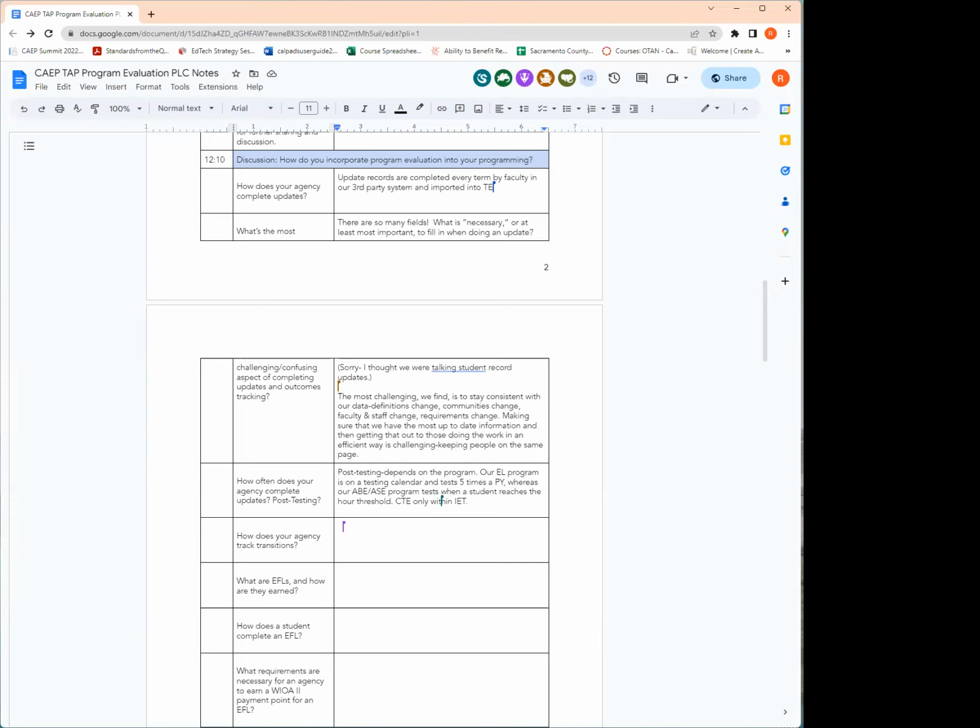Yeah, so our admin decided that it was going to be faculty. They were not a tiny school, and our faculty know their students better than anybody in the office does. They are compensated for doing it. So there's that portion as well that's taken care of.